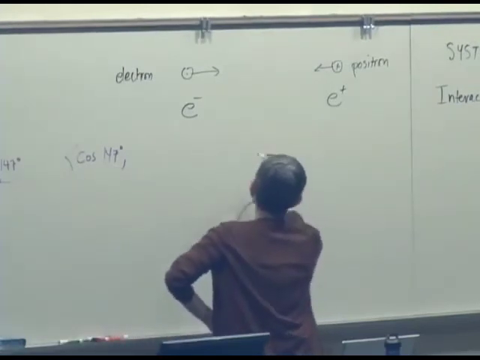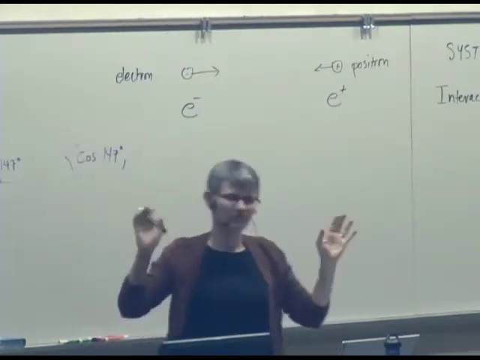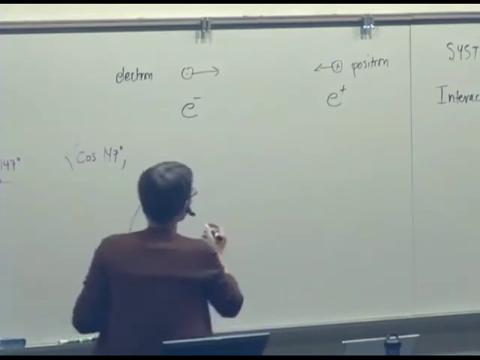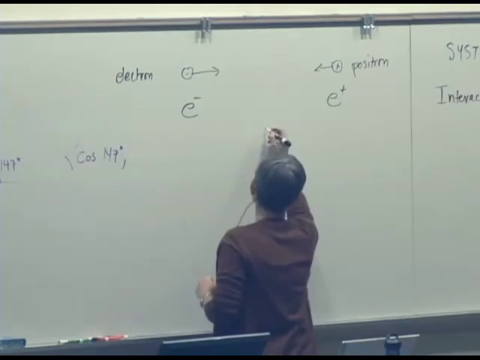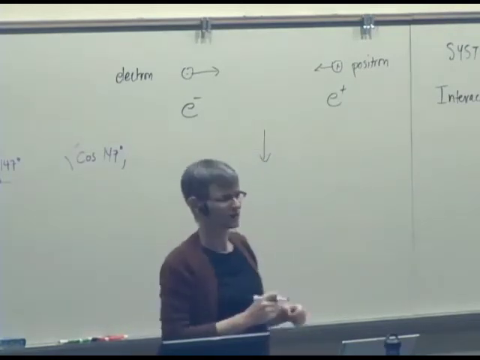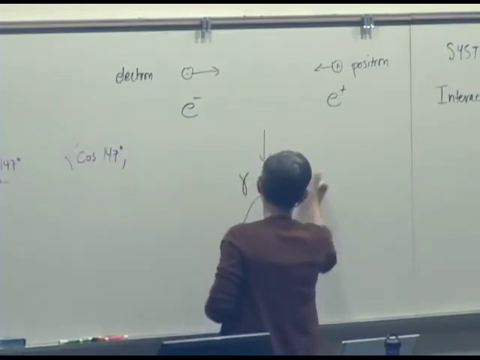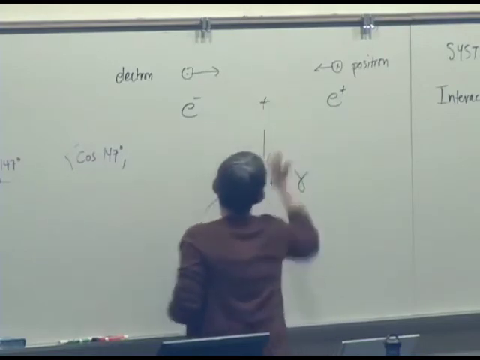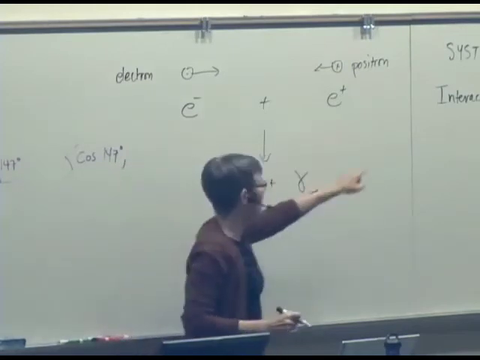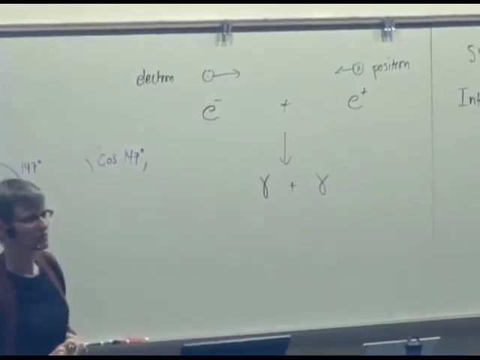Well, if these two things come together and they actually touch, they annihilate each other, because electrons are ordinary matter and positrons are antimatter. And so what we actually end up with is two photons, two little particles of light. They're called gamma rays. So the electron is now gone, and the positron is now gone, and what we've got are two high-energy light particles traveling through space.